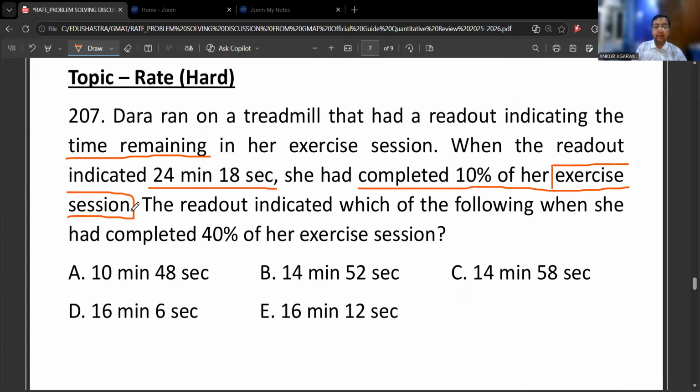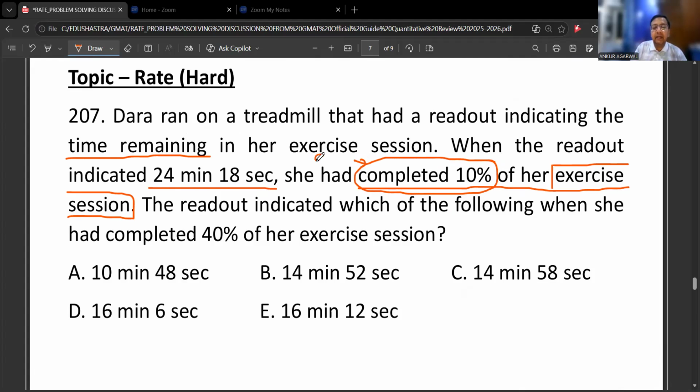So this time, right? Now read this carefully and critically. So she has completed how much? 10% of the exercise session. So how much is remaining? Yes, yes. This is the catch point here, which we are picking, right?